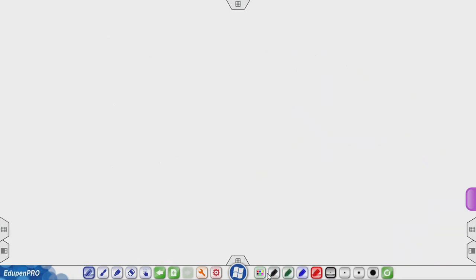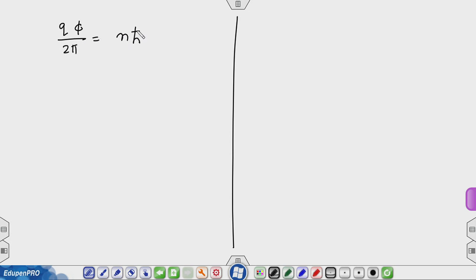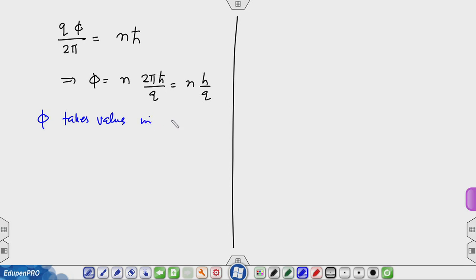And therefore, I am going to have q phi over 2 pi equals angular momentum, that should be n h cross, and this gives you phi equals n 2 pi h cross over q, which is n h over q. So, flux phi takes values in quanta of h over q, which in the case of electron would become h over e.